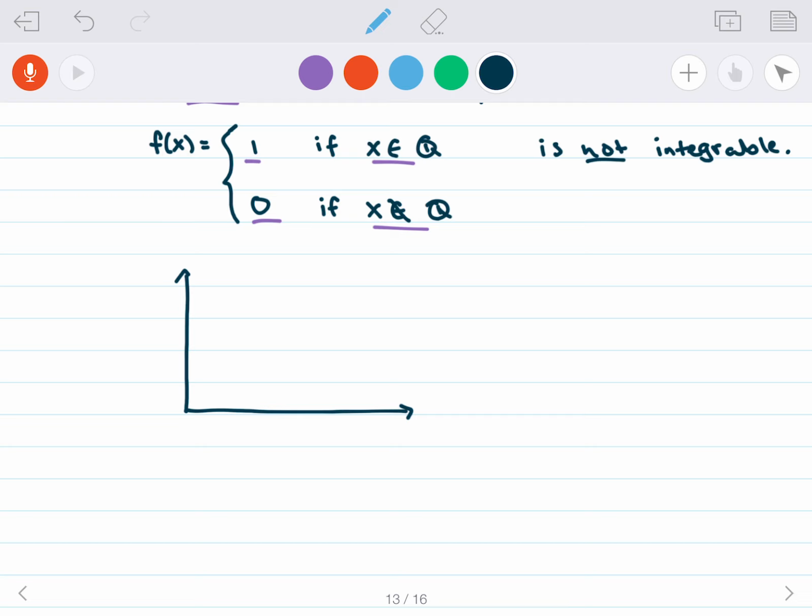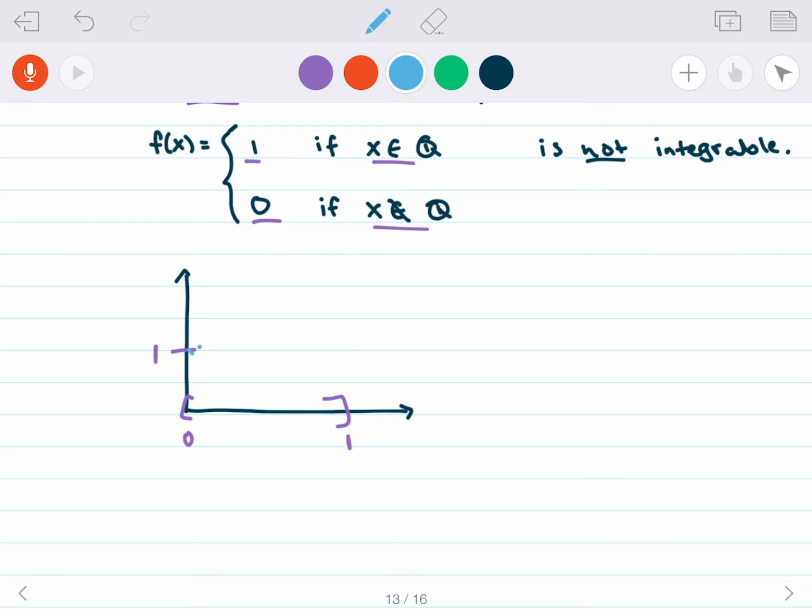But remember what we have. This is our function f of x, and we're looking from 0 to 1. So there's our interval here. Let's say this is f of x equals 1. If x is rational, it's going to equal 1.